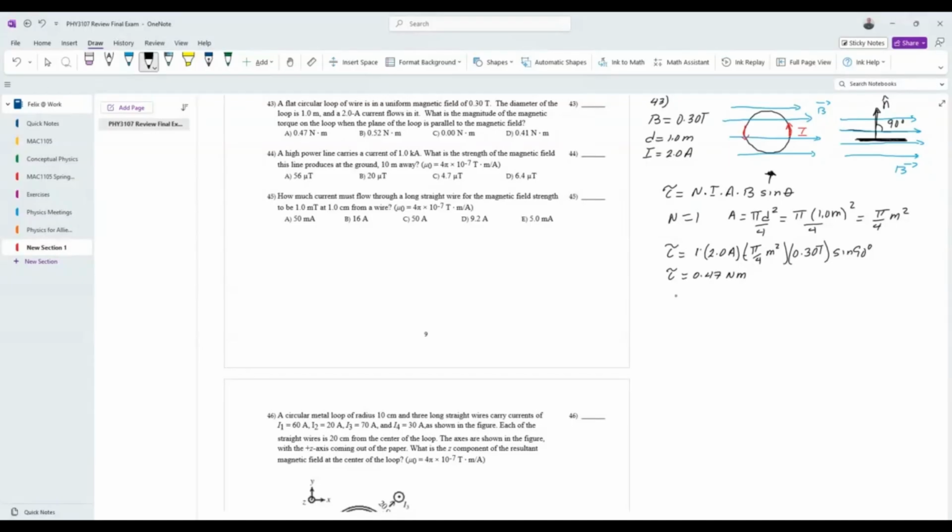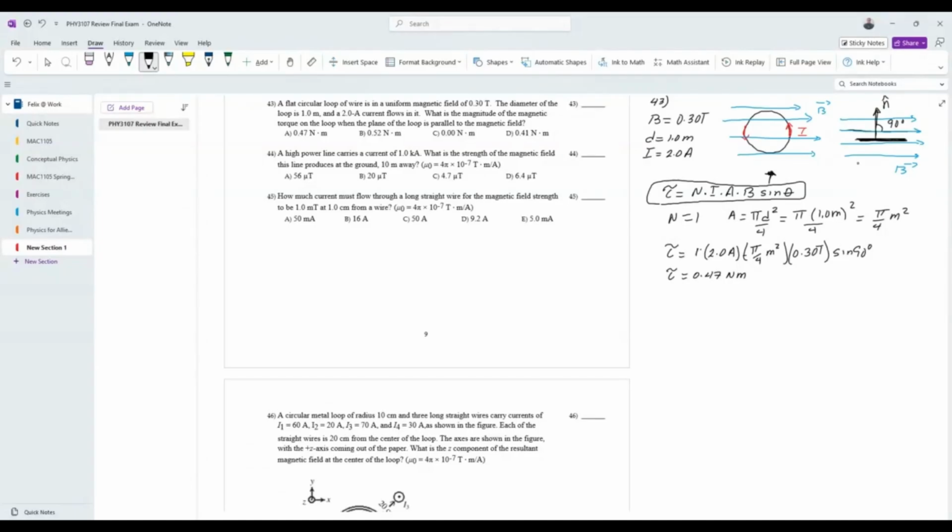So exercises 42 and 43 were both about torque. And again, I want to emphasize, first, the equation to calculate the torque. You have a coil. And in addition, the angle theta that we see here in the equation of torque is the angle between the magnetic field and the normal to the plane of the loop.